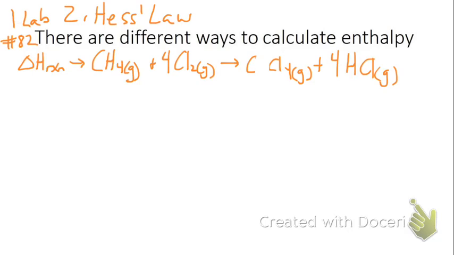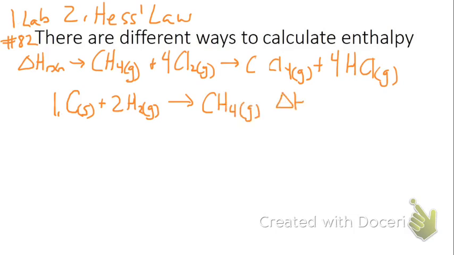This is my favorite way of calculating delta H because to me it's a big puzzle. If you are asked to calculate delta H this way, you will be given a variety of different equations. So let's make methane.